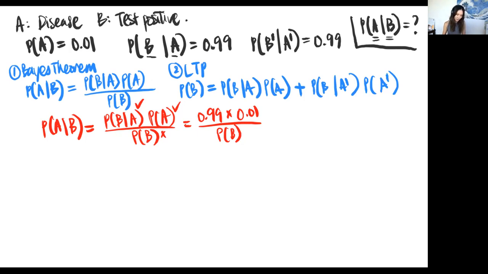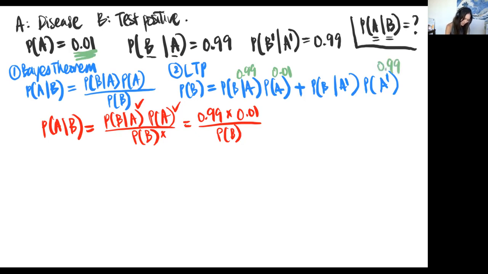So cool, we might have some more numbers now. If we try to sub in all of the numbers that we have, probability of B given A, we have this: this is 0.99, this is 0.01. And then for probability of A complement, remember that complement is always 1 minus itself. Because A was 0.01 from here, probability of A complement is 0.99.